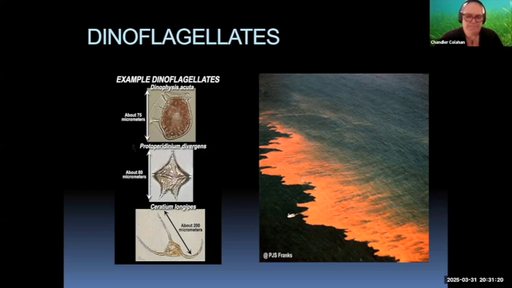It just does its own kind of thing. And the dinoflagellates are the ones that are mainly responsible for those red tides. Like I said, this is a pretty drastic image of a red tide. I don't know how long this one lasted, but I would imagine that would be a pretty significant red tide event.